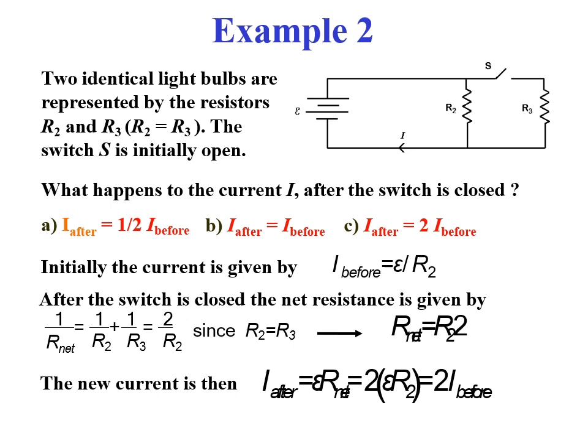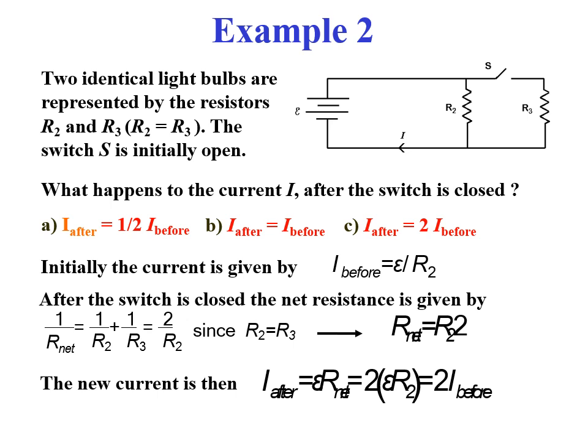Or you can use the equations shown here. Initially the current was given by E divided by R2. After the switch S is closed, we have to calculate the effective resistance. The inverse of the total resistance will be equal to 1 over R2 plus 1 over R3. And we know that R2 and R3 are equal, so we can just use R2.